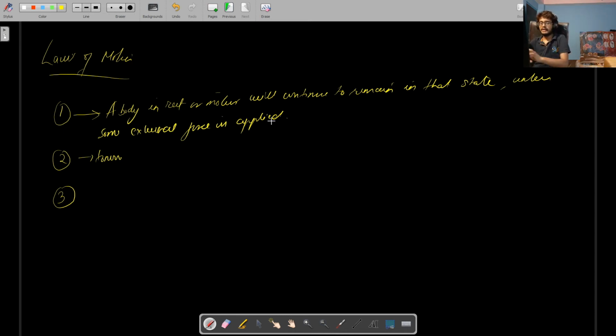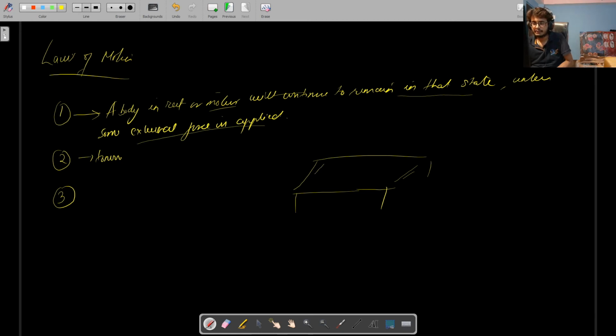So if I give you an example about a tabletop, there is a tabletop like this, and according to this statement, a body will remain in the state of rest or in the state of motion unless an external force is applied. So if I have a cylindrical body and I apply a force here, it will start rolling for some distance and then it comes to a state of rest.